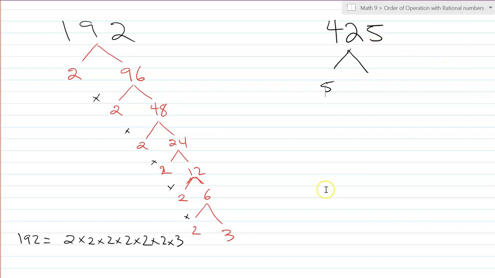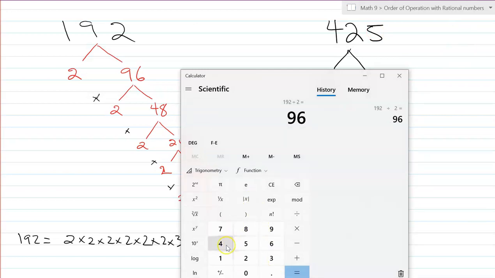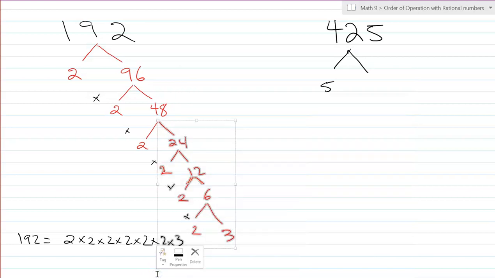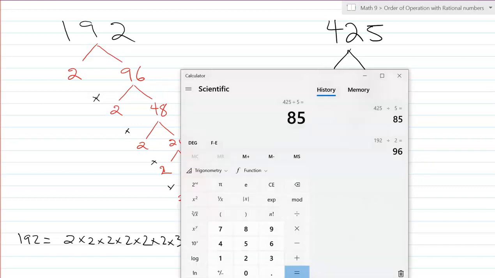If you can't do that in your head, you just go to the calculator: 425 divided by 5. What do you get? You get 85. So here you go, 5 and 85. Now you can do it again, 85 divided by 5, and you know that it's going to be 17.